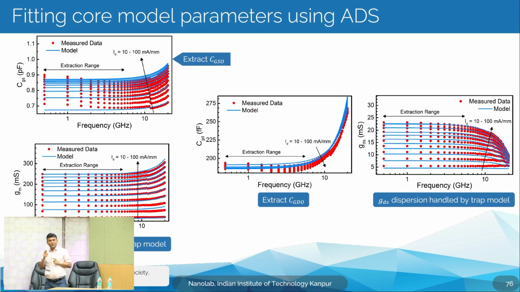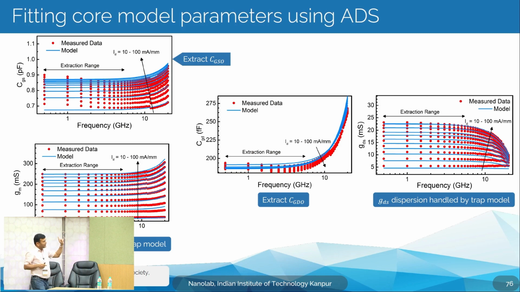So, you really need to normalize that by frequency and then plot, because Y parameters will be changing by orders of magnitude. So, if you really want to see how accurate the model is, you should plot the capacitances or the GDS, like those parameters extracted from the Y parameters.